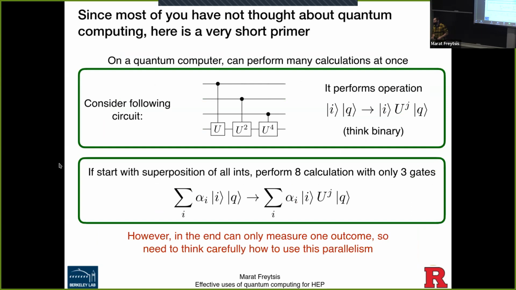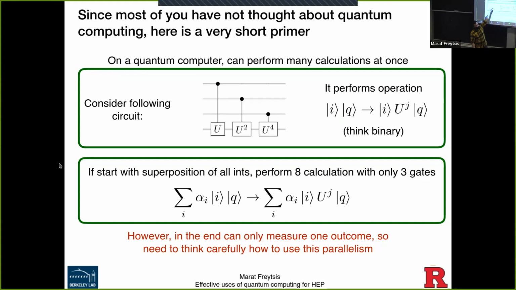Okay, so the reason to do this on a quantum computer, of course, is that on a quantum computer, in some sense, you can do many calculations at once, in parallel. So here's a very toy circuit representing these kinds of controlled unitaries. Each line is a qubit. Let's say I take the first 3 qubits and call that an index register I. I imagine that its state in binary notation encodes some number from 1 to 8.